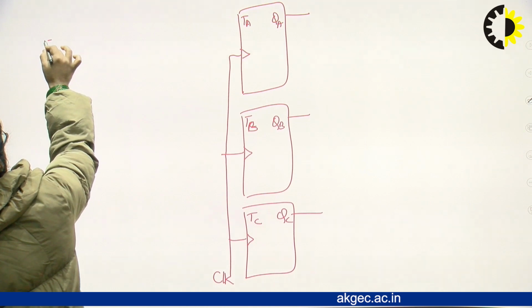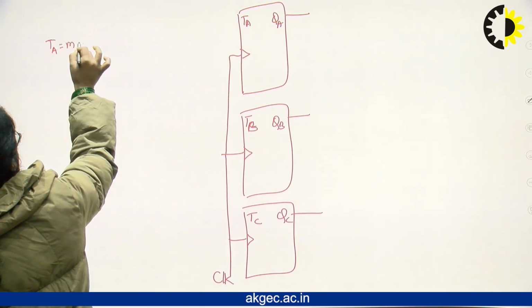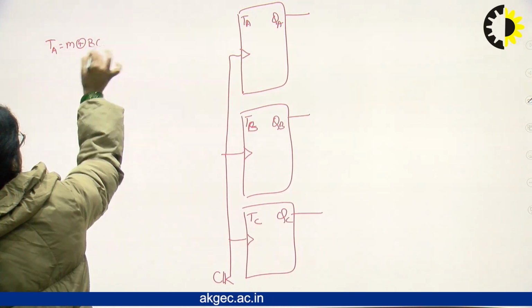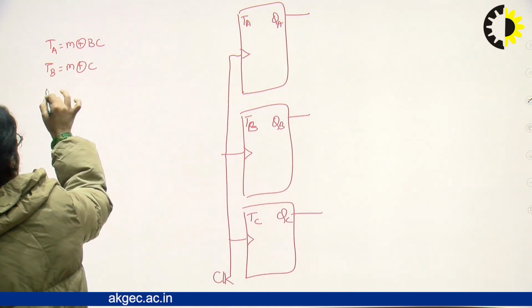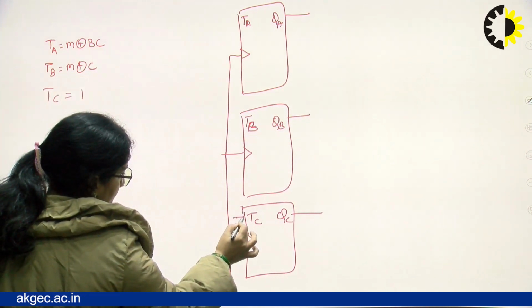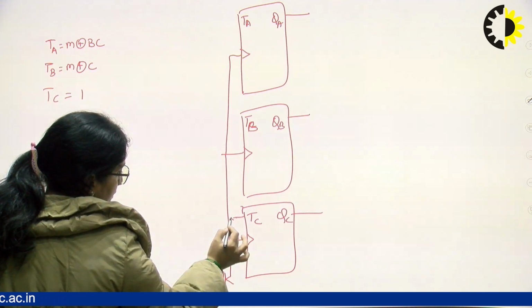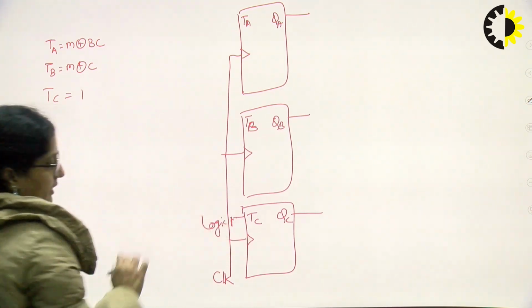We have equation that TA equation is M XOR with BC, TB equation is M XOR with C, and TC equation is 1. So TC equation is 1, so we connect TC 1, that is logic 1 here at TC.